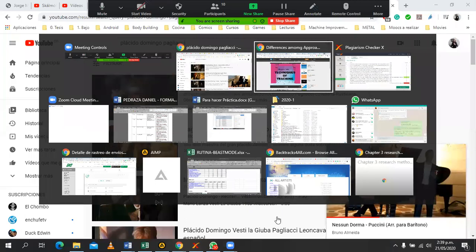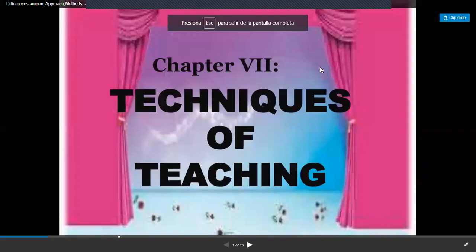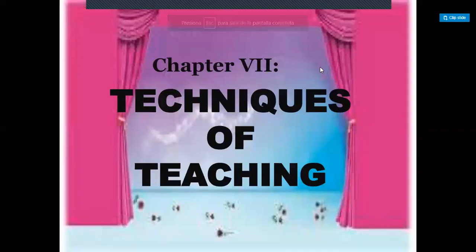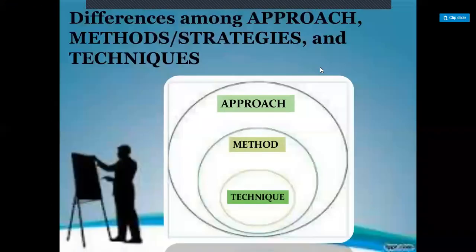Let's start with some concepts related to techniques, methods, and approaches, right? So when teaching, we're going to take into account three important elements in order to provide a very good class with very good interaction, and also at the end to have very good feedback.